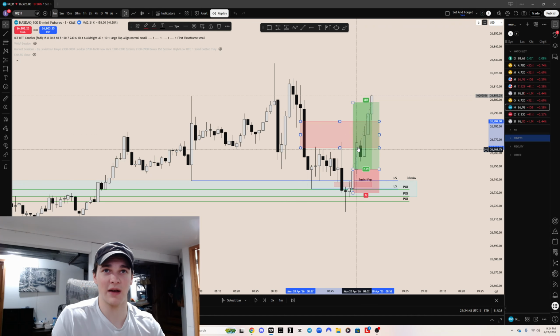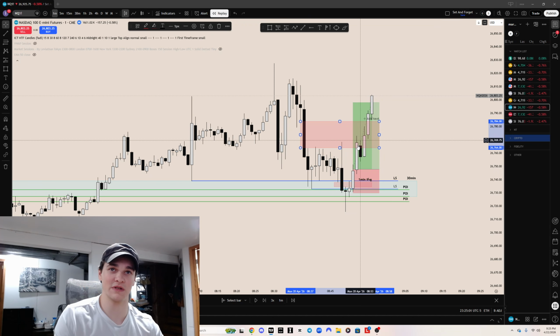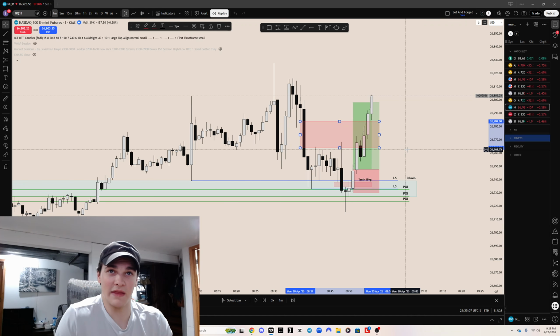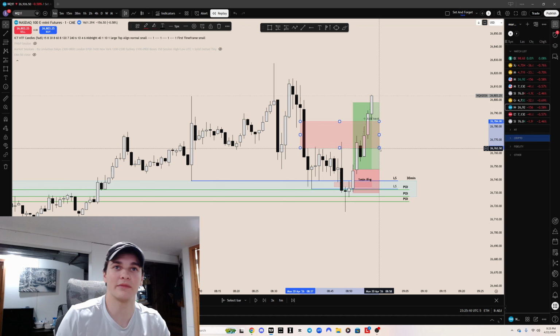So the second I saw price tap into that, I went break even right away, around when the candle was right here. So not even close to the 50%, but it was right here. It tapped into that, I went break even immediately, and then let the rest play out.